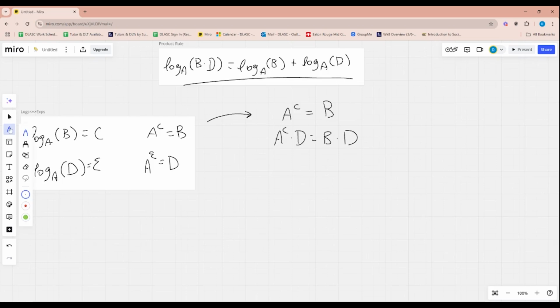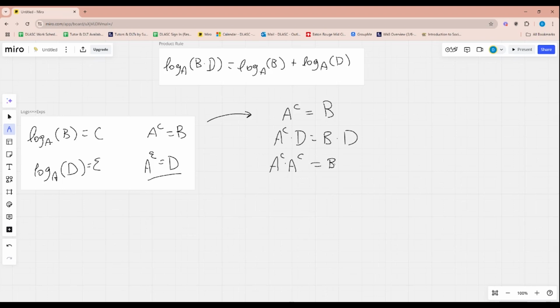The first thing I'm going to notice is that d is equal to a to the e. So I'm going to substitute that on the left-hand side, because it's got the same base as a to the c.